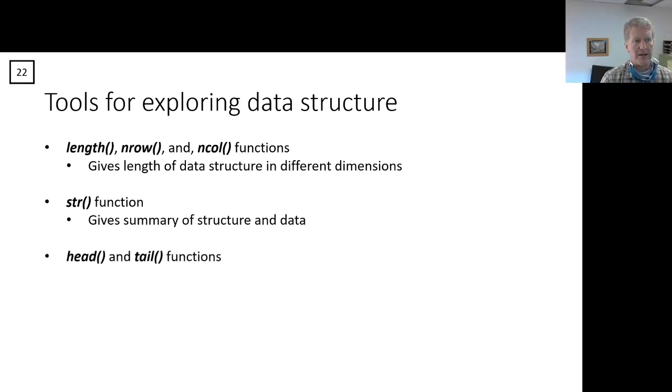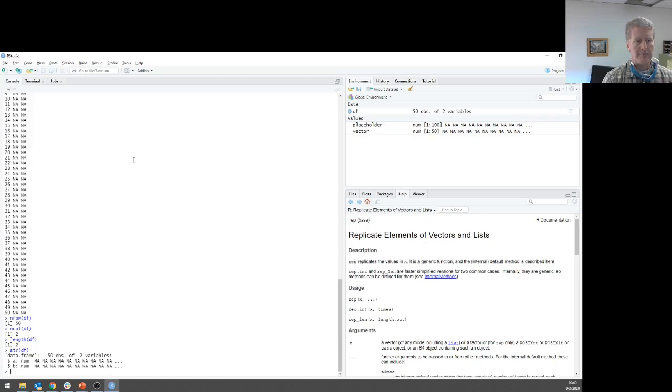When you're talking about large data structures, you typically don't want to look at the whole thing at once. In fact, if you try to, it'll get truncated anyway. And many times, what you want to see is either the very beginning or the very end. So there is a head function that lets me just look at the first 6 rows. And there's a tail function that lets me look at the last 6 rows.